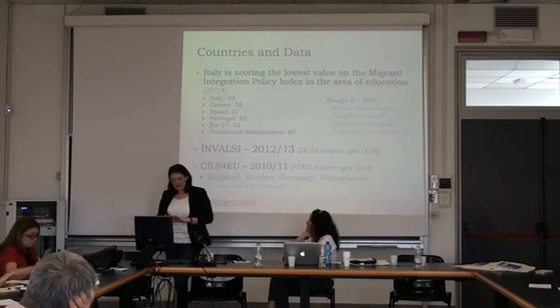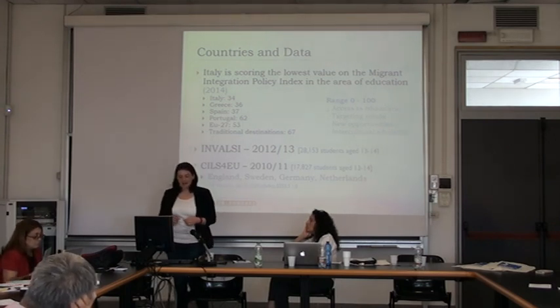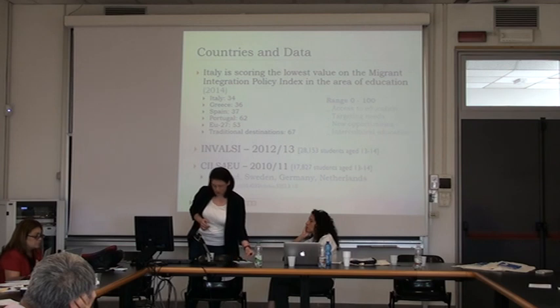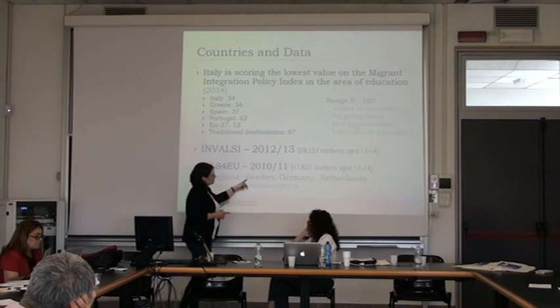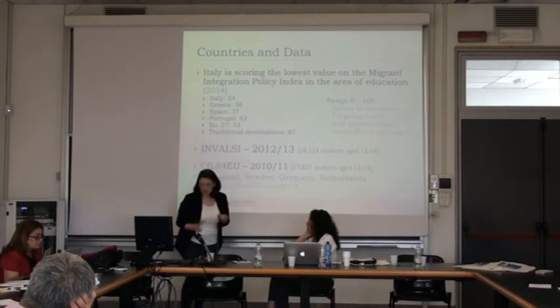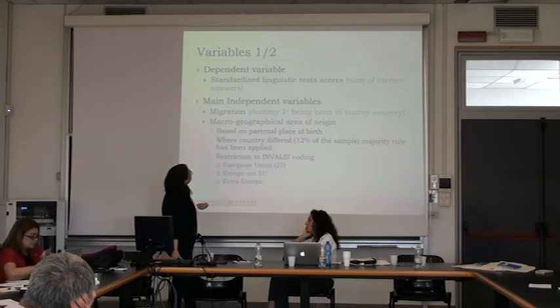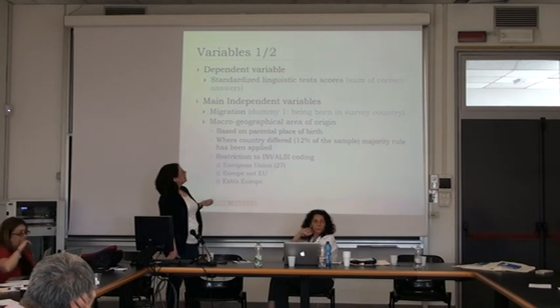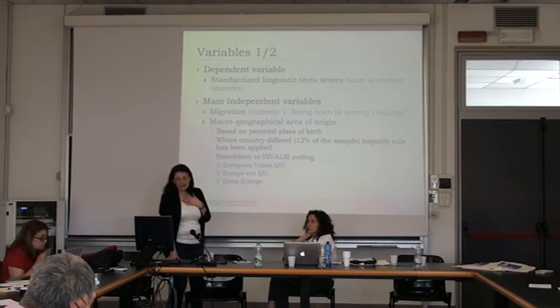Those are the INVALSI data, so the competency tests that we have in Italy, and the other one is SIIS4U, which is an international but comparable data set of four countries: England, Sweden, Germany, and the Netherlands. So my dependent variable is linguistic test scores, and I use the sum of correct answers, which has been standardized.